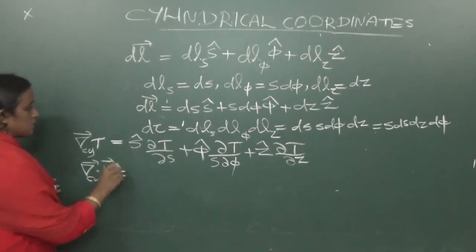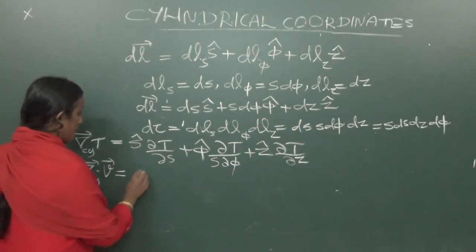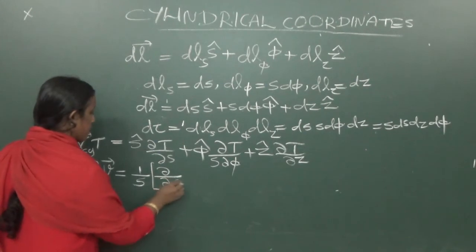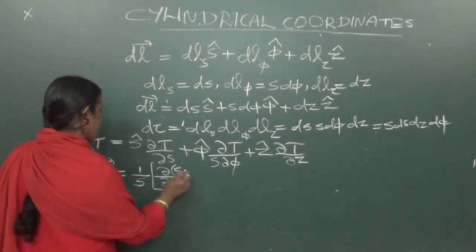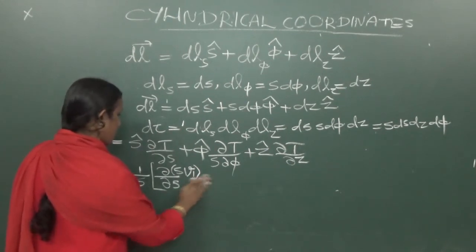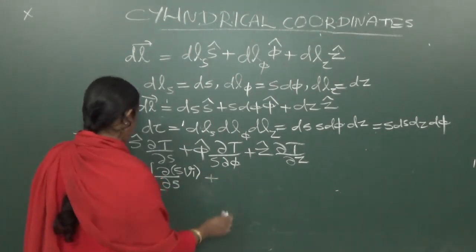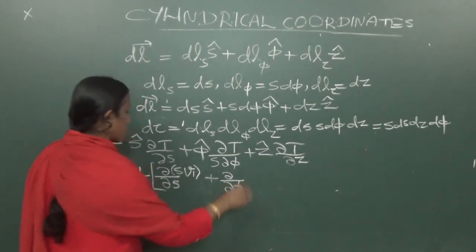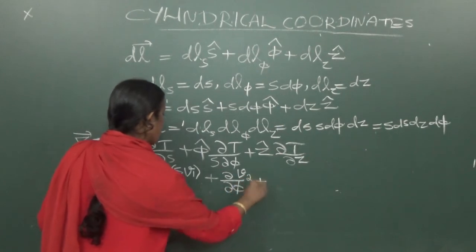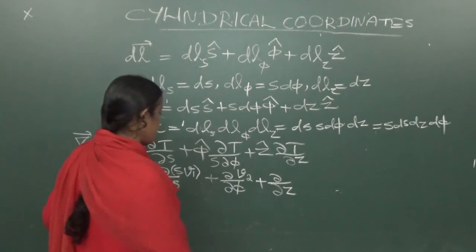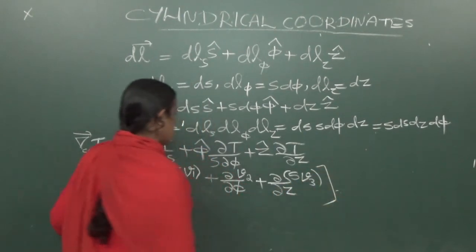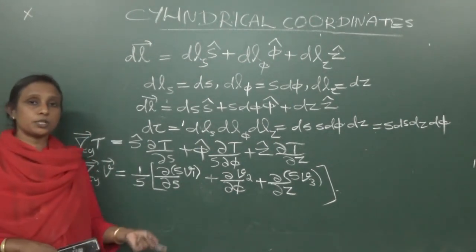Del dot V, the divergence operator, is given by the terms with dou by dou phi of V2 plus dou by dou z of V3. This is the divergence in the cylindrical coordinate system.